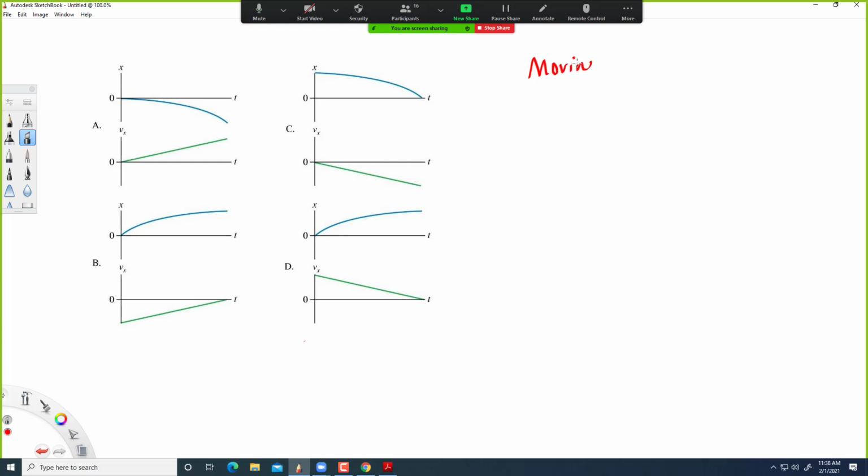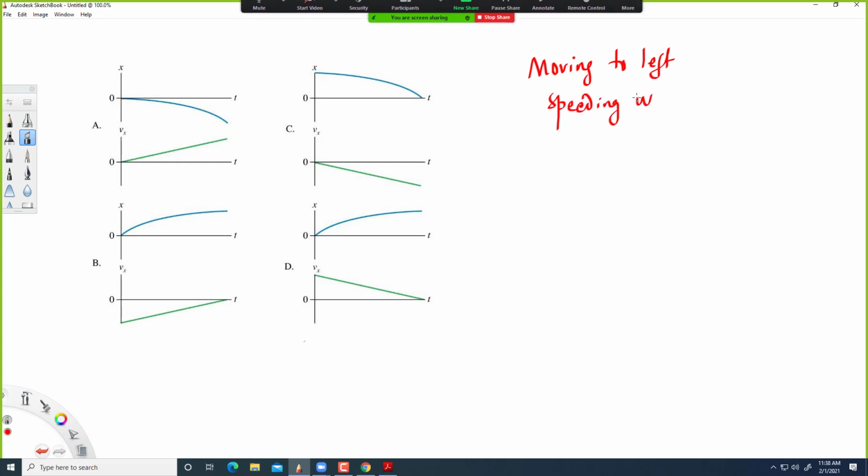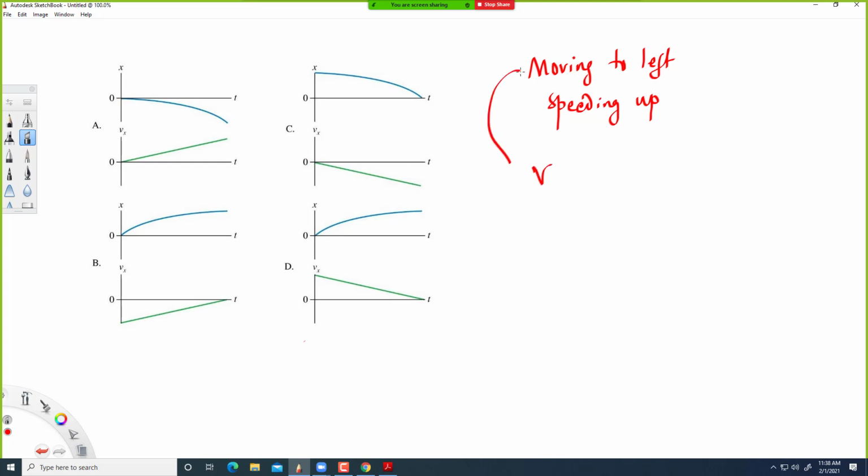Moving to the left means the velocity must be negative. This implies v is negative, so it cannot be positive. So let's see which ones have positive velocity. This is not right, velocity is positive. This is not right either. So it's either this one or this one.